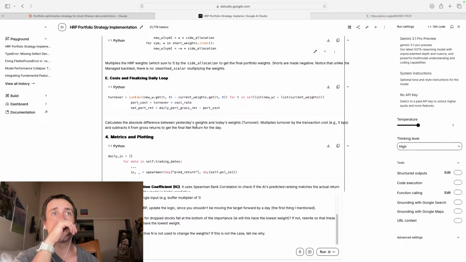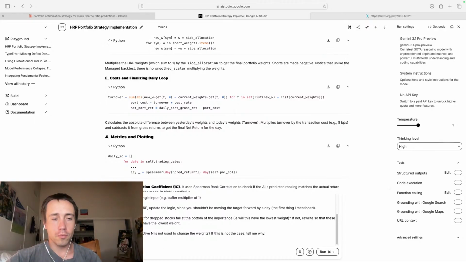Calculates the absolute. Okay. Make sure that shorts are sized accounting for the 150% margin required to hold the positions.